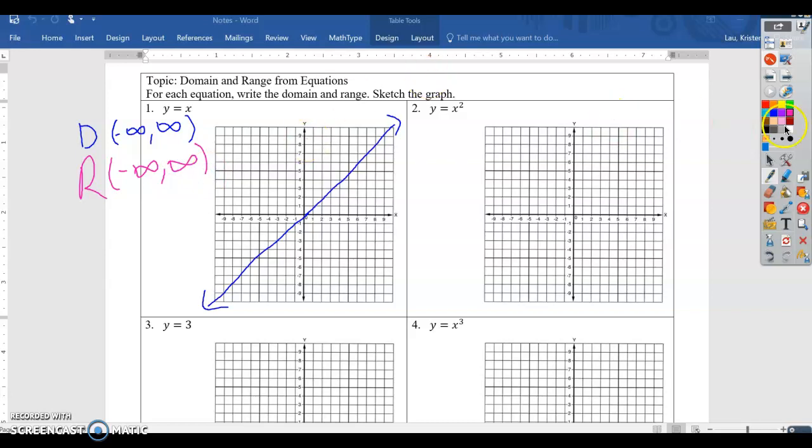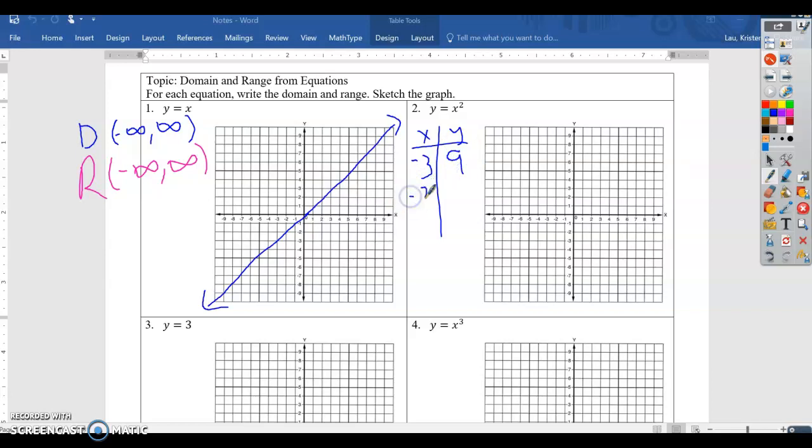Okay. x squared, anytime you have x squared, you should know that it is a parabola or a U-shaped graph. And if you plugged in x and y values, you can just randomly pick any x values. So if x is negative 3, squared is 9, because negative 3 times negative 3 is 9.